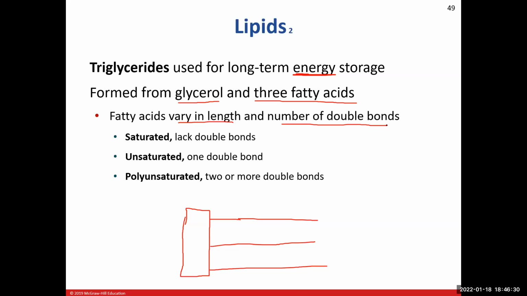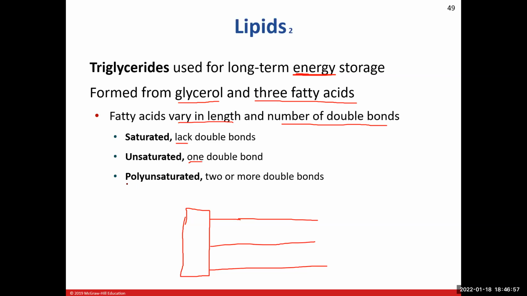When we're describing something as a saturated fatty acid, for example, that means there are no double bonds. When you hear that term, saturated fatty acid, you should immediately think, there are no double bonds in this molecule. If we say it's an unsaturated fatty acid, then it has 1 double bond.